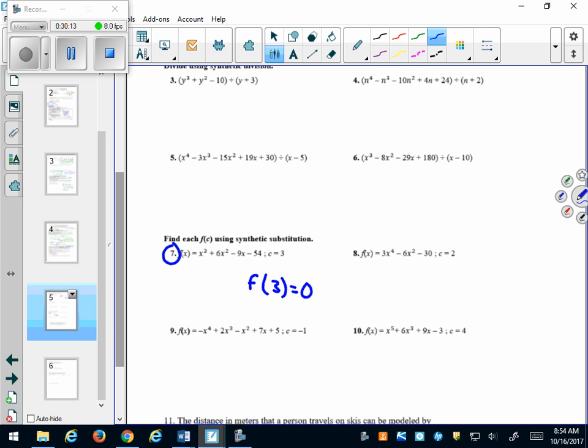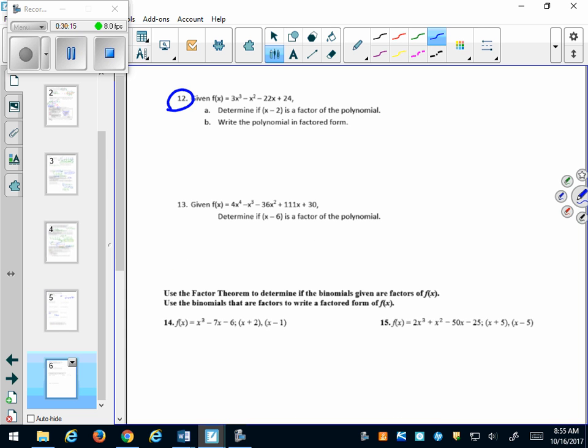And for number 12, I'm not sure if you got to it, but that one should have been factored form x minus 2, 3x plus 4, and x minus 3. Okay, so your homework is to do the textbook pages at the bottom of the notes, okay?